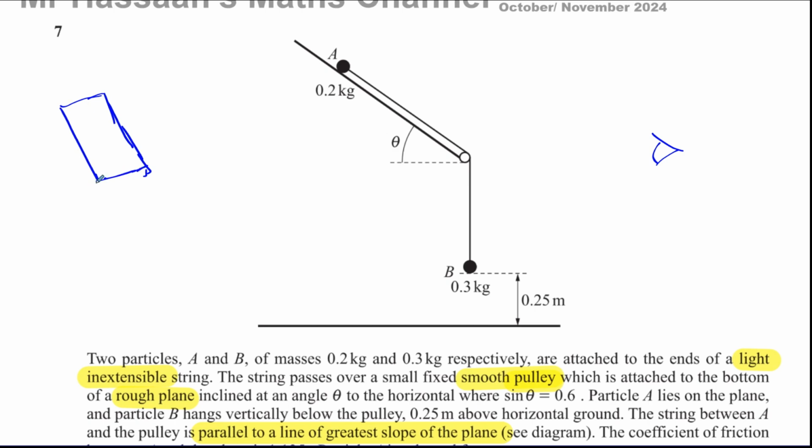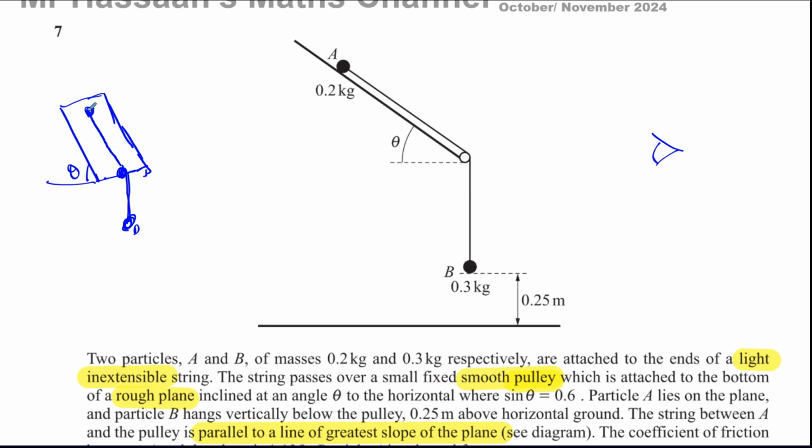This is the plane, inclined at angle theta. There'll be a pulley at the end, and you have the object hanging down, B, and then you'll have the object A over here.